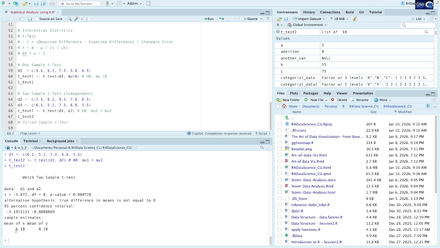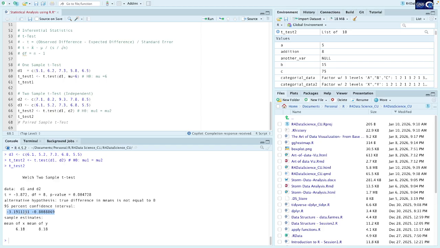One more thing: when it comes to an independent t-test, if the p-value is less than 0.05, the confidence interval should not contain 0. If it does not contain 0, it confirms the finding that the result is statistically significant.